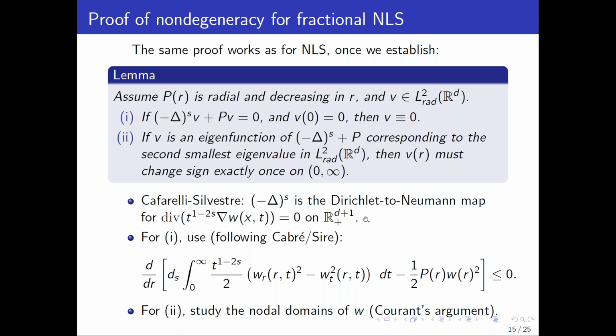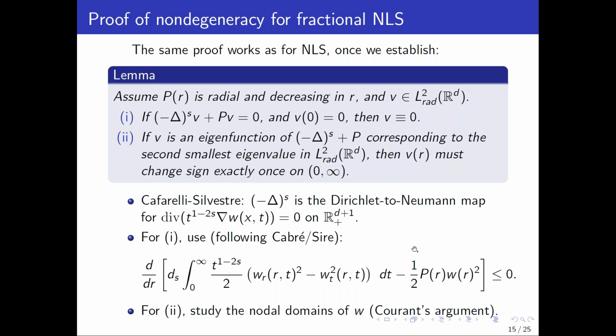And for a local equation, you can analyze the nodal domains using Courant's argument. There's the Courant nodal domain theorem, for example, which gives you estimates on the number of nodal domains a given eigenfunction can have. And that's what enables you to prove this lemma. I'll skip over the details of that, except to say that this first part here was the part that Frank and Lenzmann were not able to prove in their 2013 paper.